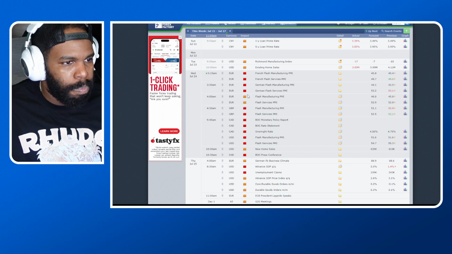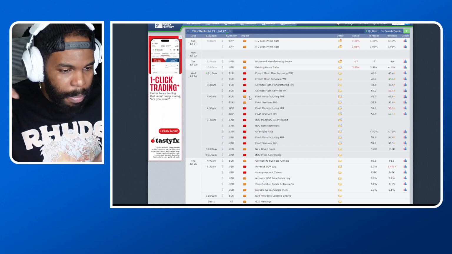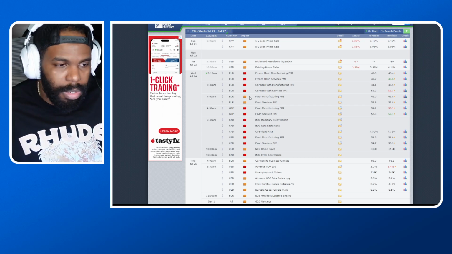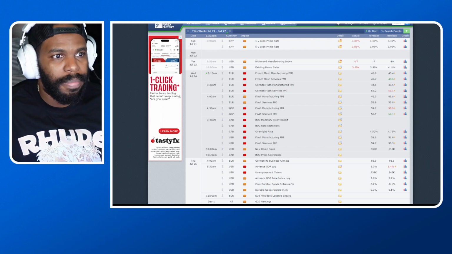So be real careful if you're trading any pair with the euro dollar, the pound and the Canadian dollar. Also, even in the U.S. dollar, there's some data coming out. So be real careful. Tomorrow can be real choppy or real spiky. So make sure to pay attention to that.